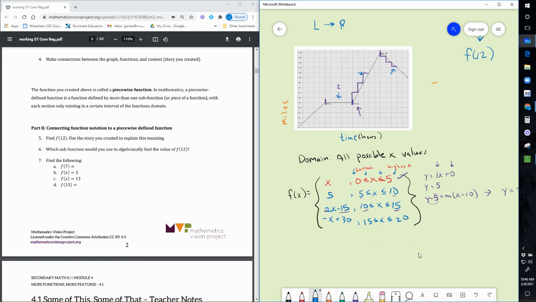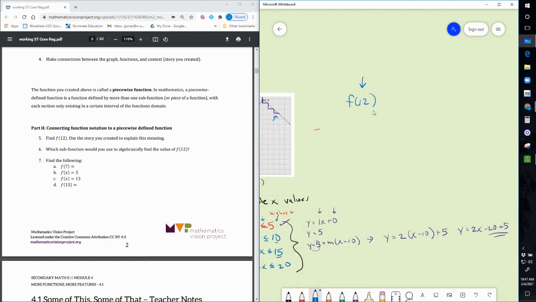Okay, so which function are you going to use, right? Think about that. Hopefully you see right here from 10 to 15, 12 falls in there, so you're going to use the function 2x minus 15. So you're going to plug that 12 in the f of 12 into the x's, and then you're going to get your answer. Okay? Then I gave you the answer for number 6 already, and you should be able to solve number 5.